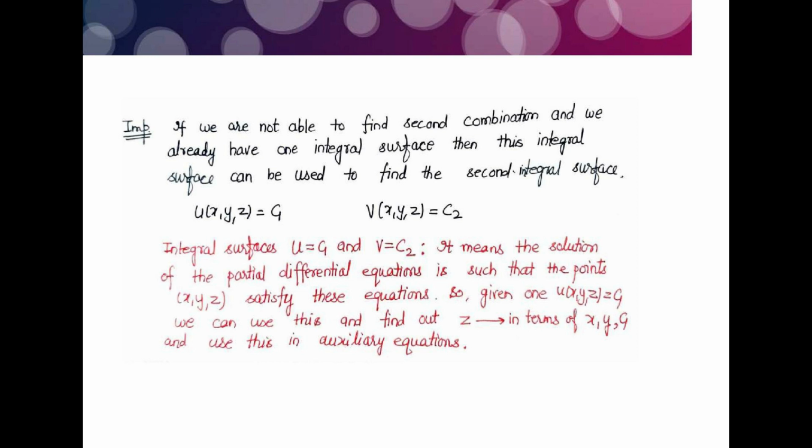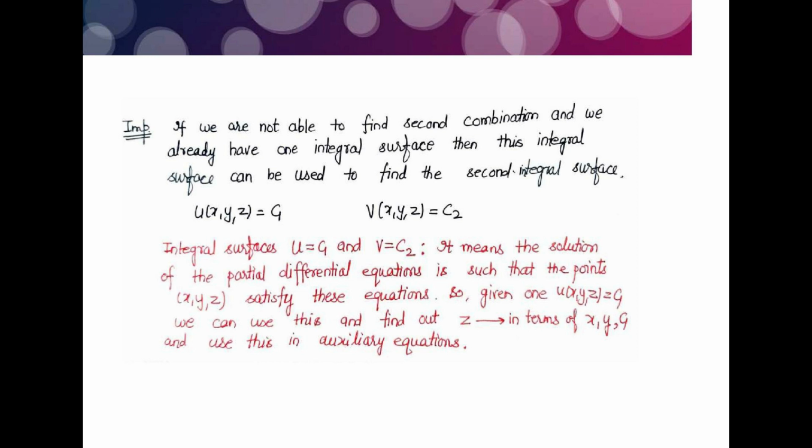In this previous example, the second combination was quite tricky, and it's not always easy to guess this combination. So if we are not able to find the second combination and we already have one integral curve, then this integral curve or surface can be used to find the second integral surface.